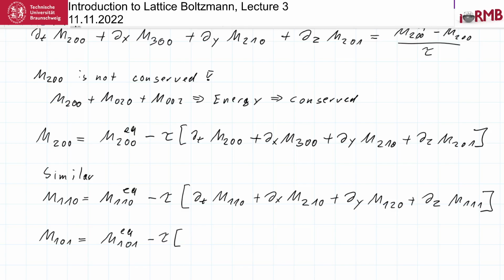So it's minus tau dt M100, the moment itself, dx M201 plus dy M111 plus dz M102.